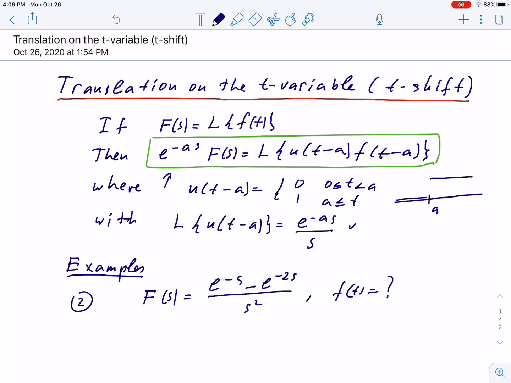So we see these exponentials here and we think about t-shift. I shall break this into two functions. Write this way: exponential minus s times 1 over s squared, minus exponential negative 2s times 1 over s squared. Well, let's correct this to 3, because it's 3 in the book.